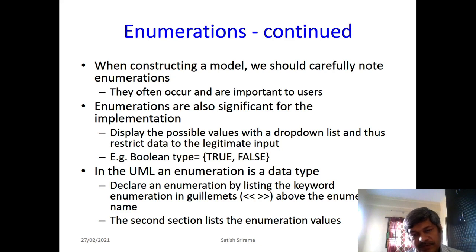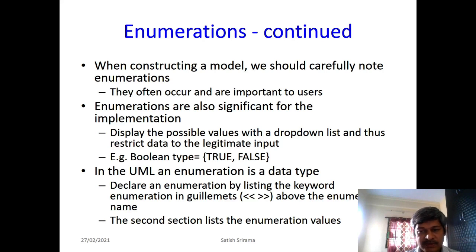Enumerations are also very significant as far as implementations are concerned. For example, if you are developing an HTML application, or an application with a GUI, then it is possible to display all these values in a drop down list. You click the list and you will have all the enumeration values coming one after the other. You select one of them and put that as the input. That way, you are eliminating all illegitimate input.